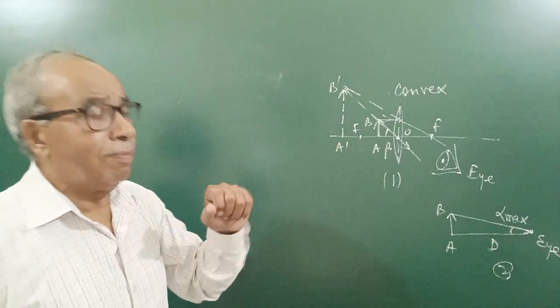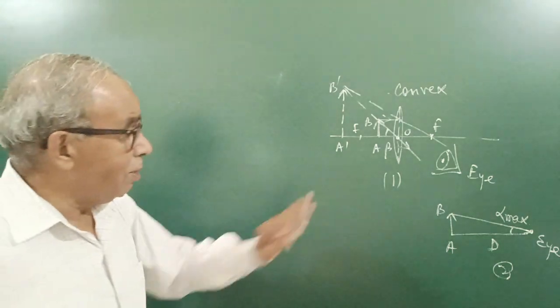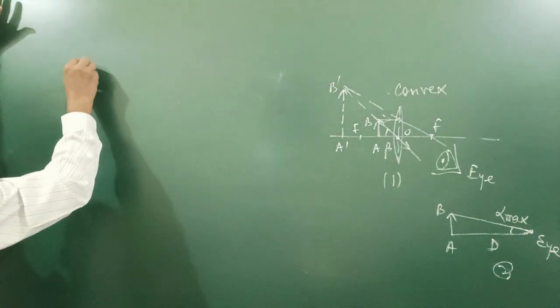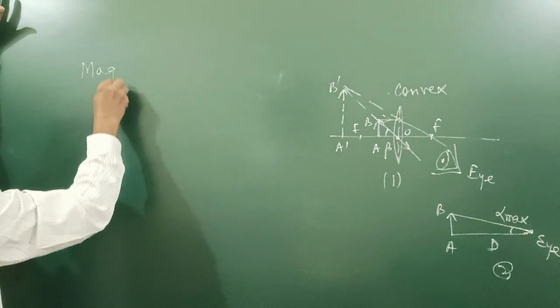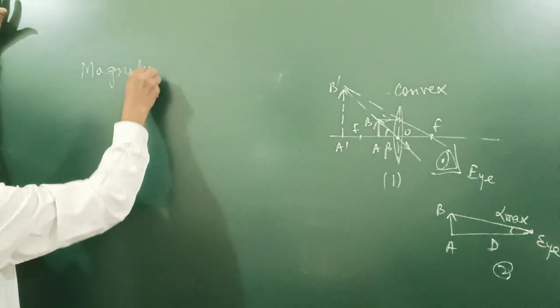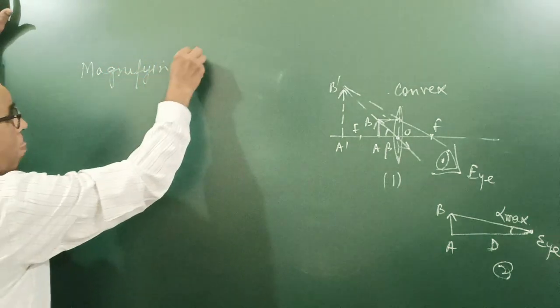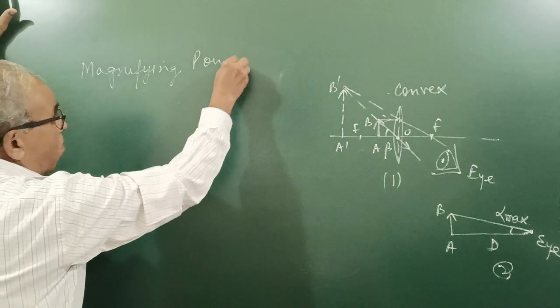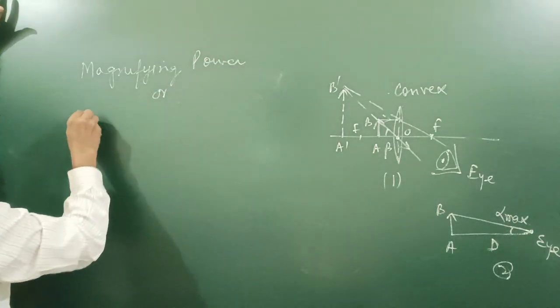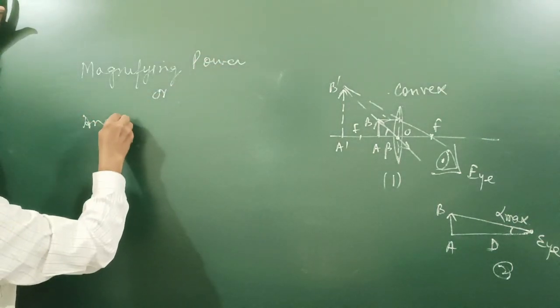How much big it can be seen is measured in terms of magnifying power, or angular magnification.